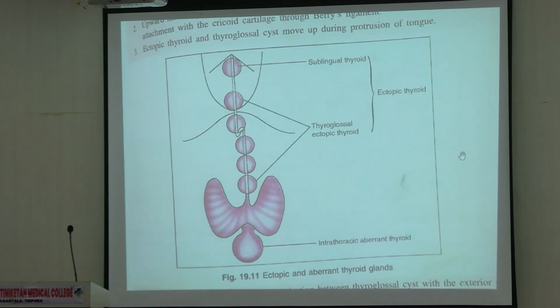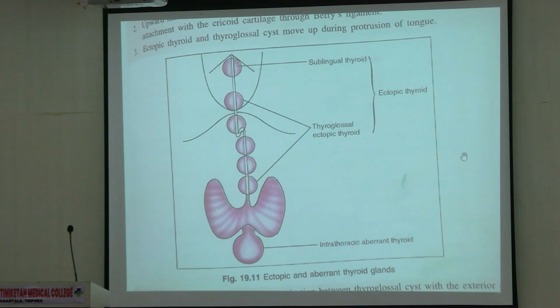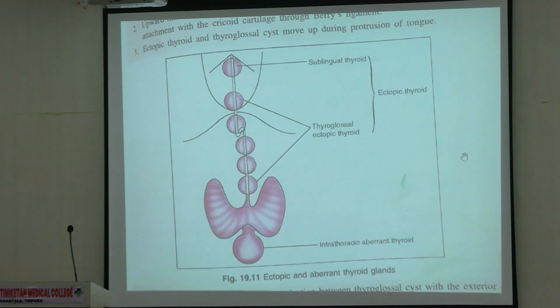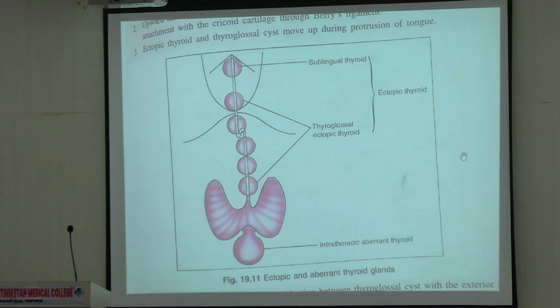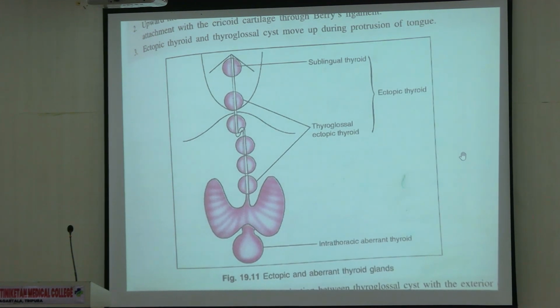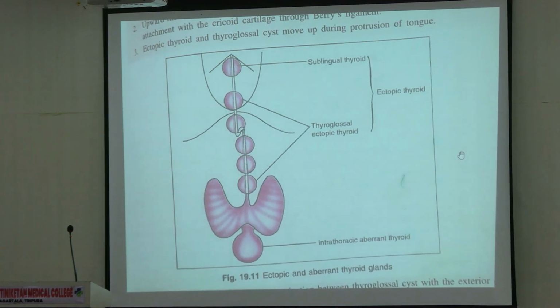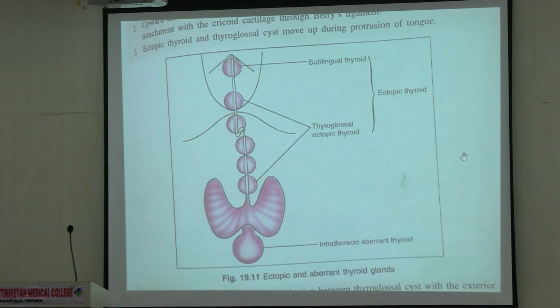Right? So if it develops in relation with the tongue, that is called sublingual. And if it is related to the hyoid, it may be subhyoid, suprahyoid, etc. Right?